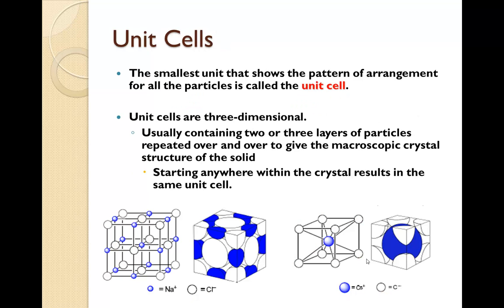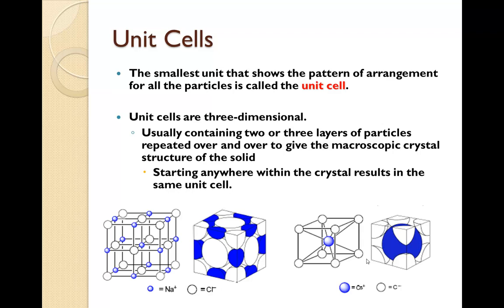The smallest unit that has the pattern of arrangement for the particles is called the unit cell. Unit cells are three-dimensional, usually containing 2 or 3 layers of particles repeating over and over to give a macroscopic crystal structure to the solid. Starting anywhere in the crystal results in the same unit cell because these are repeating crystals.